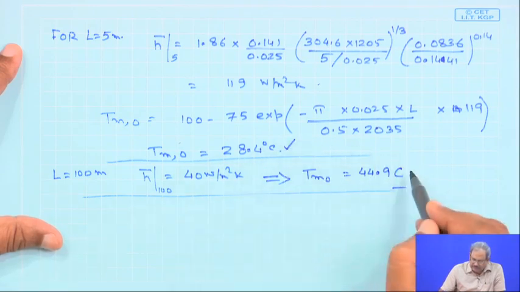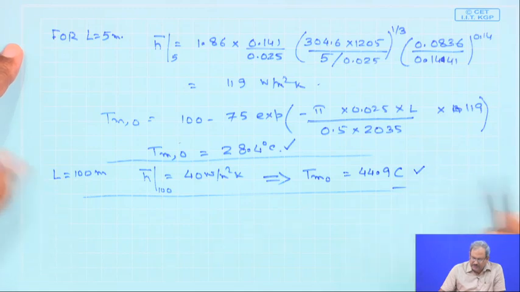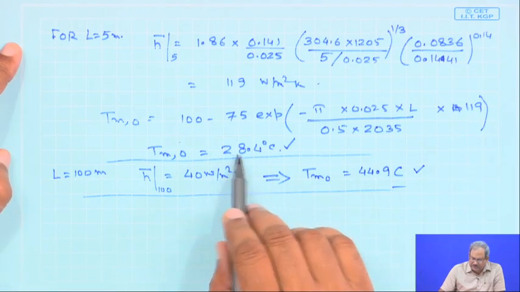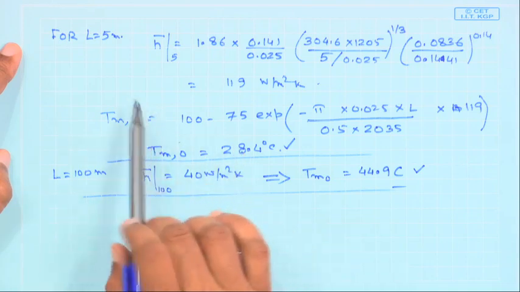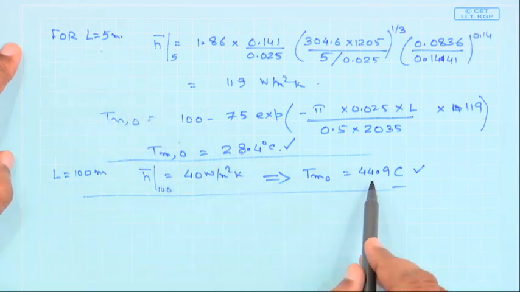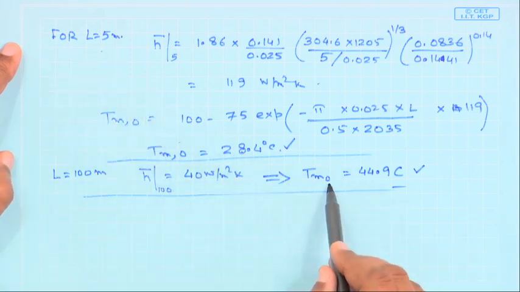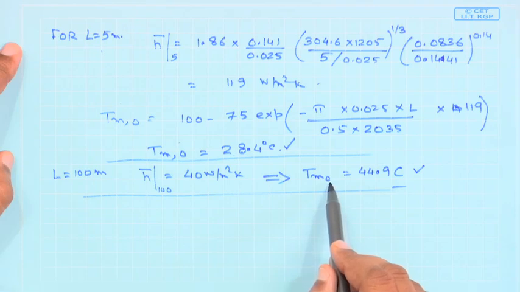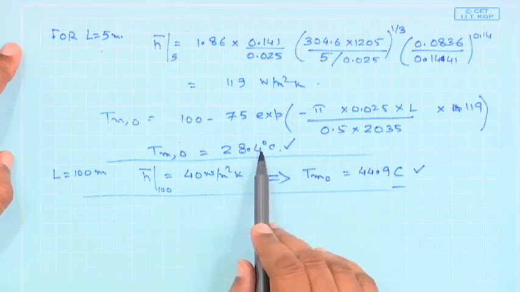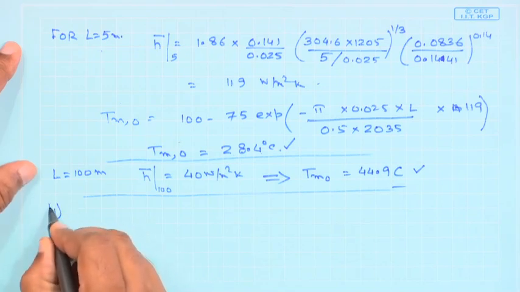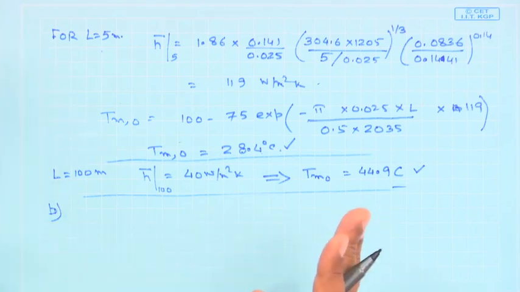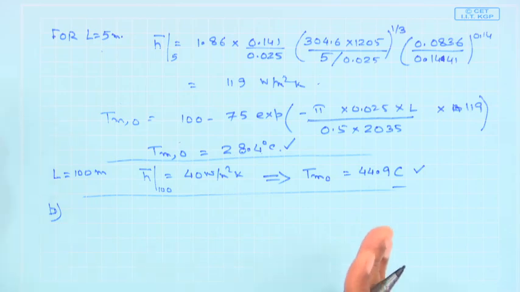So, again see the change in the temperature at the outlet for a smaller length and for a larger length, and obviously for a larger length the outlet temperature definitely is going to be more than that of the smaller length. And when you do the second part, that is find out the difference between the arithmetic mean temperature and the log mean temperature.